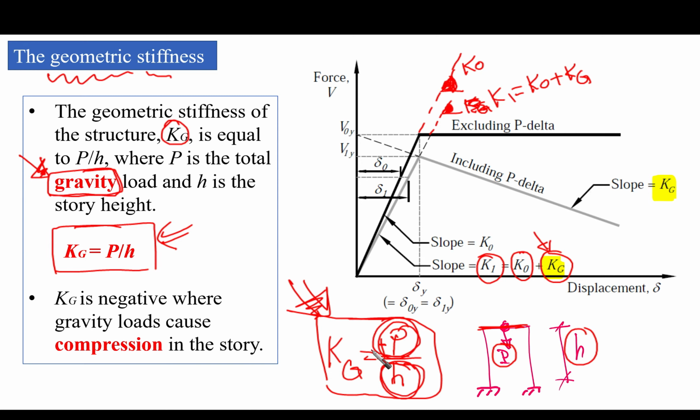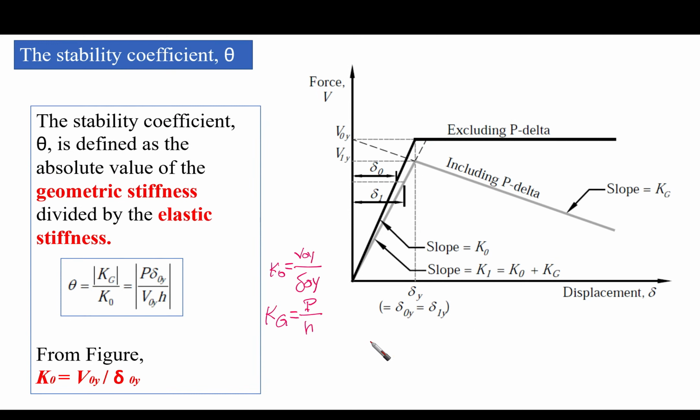Okay, now let's go to the next part, which is an important definition for us, called the stability coefficient theta. The stability coefficient theta is defined as the absolute value of the geometric stiffness divided by the elastic stiffness.